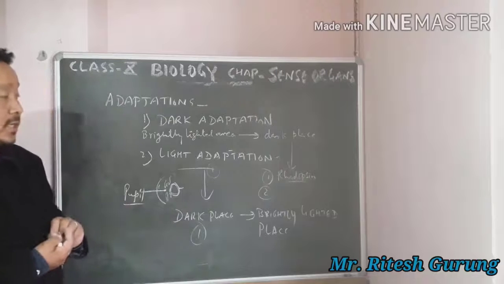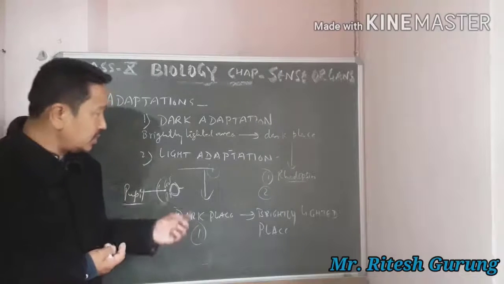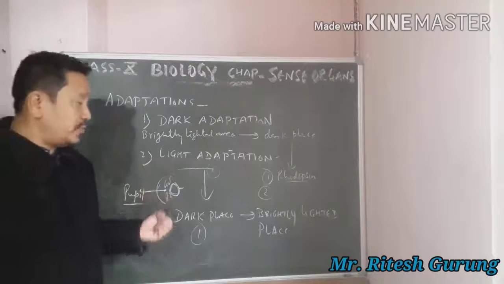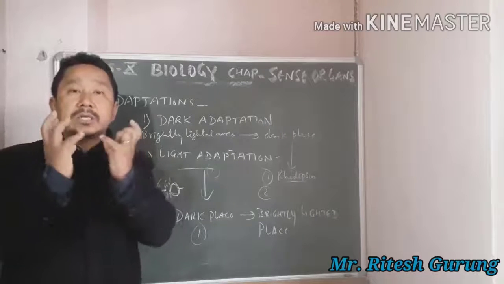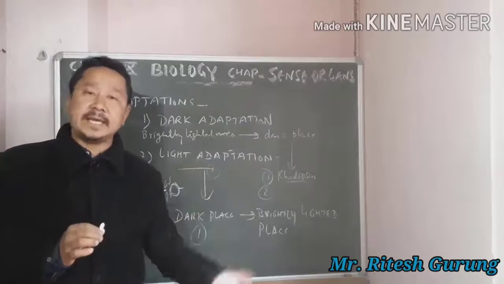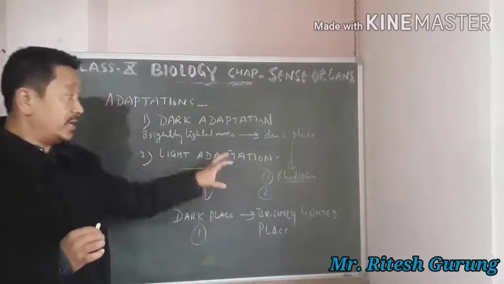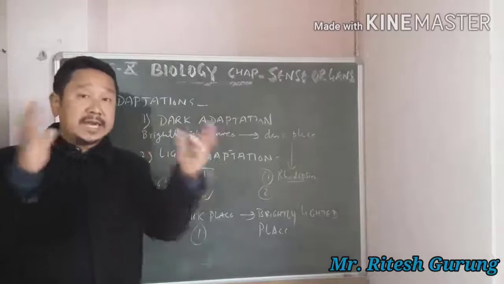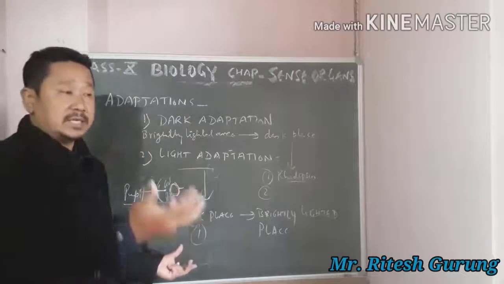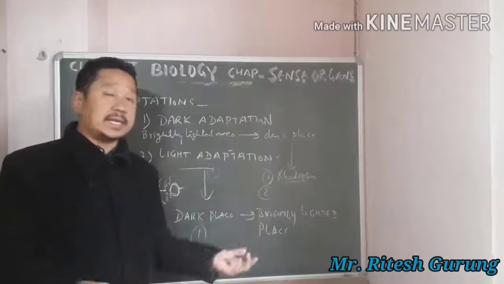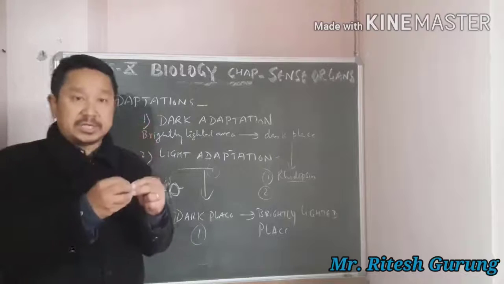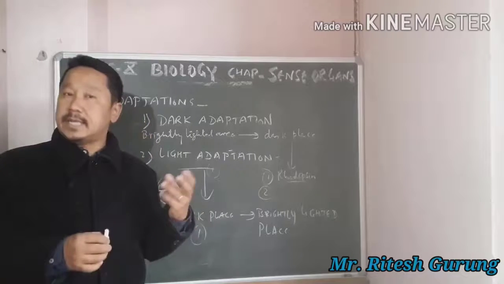And number 2 is your pupil. This pupil slowly constricts so that less light enters. When it is dark, it is dilated so that more light enters, and in the brightly lighted area your pupil gets constricted so that less light enters.